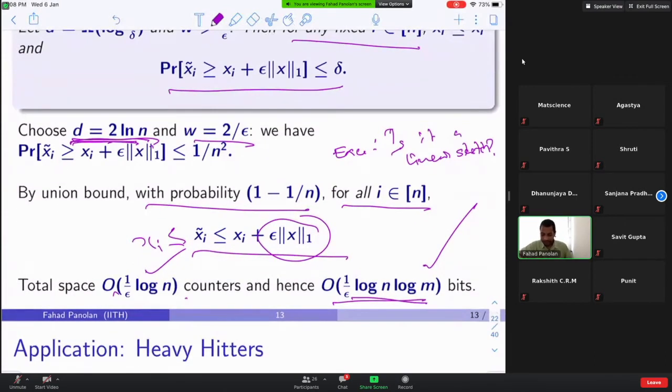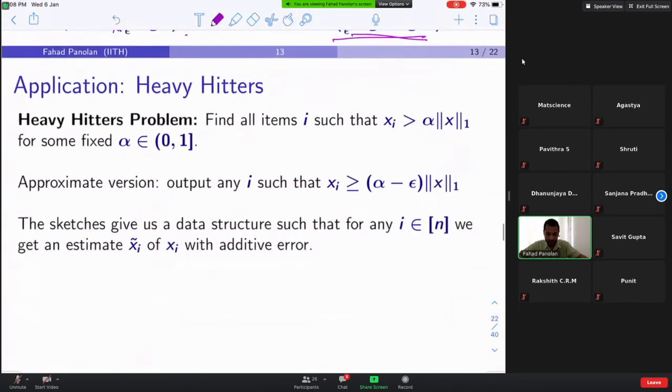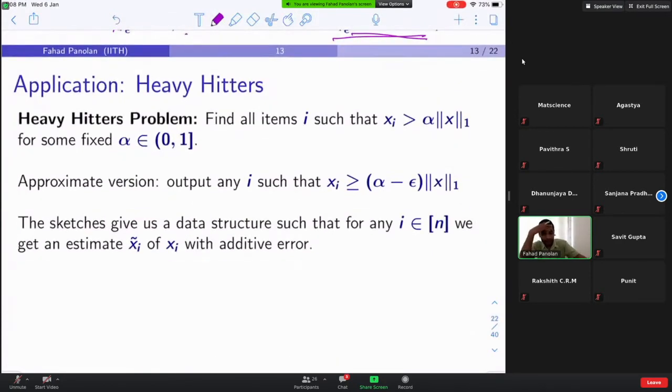so we have seen count min sketch, and the exercise is: is it a linear sketch? Now look at the heavy hitters problem. What do we need? We need xi greater than or equal to alpha times the L1 norm of x, where alpha is equal to 1 by k.